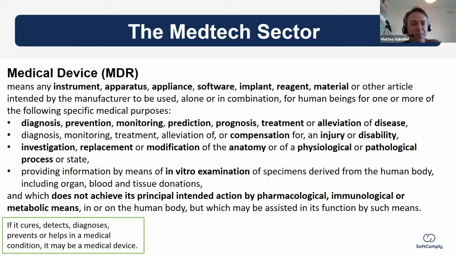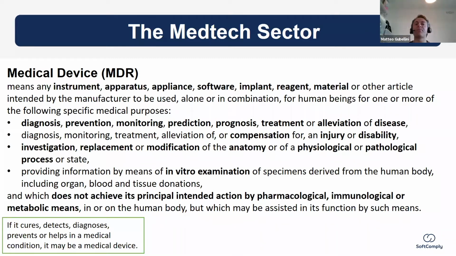So this covers the main definition of medical device, or for in vitro devices, providing information by means of in vitro examination of specimens, and which does not achieve its function by pharmacological, immunological, or metabolic means, which means that it is not a drug, or is not mainly a drug.